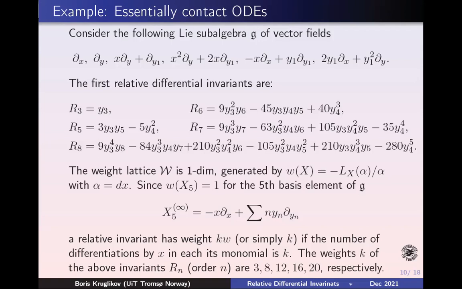Okay, so that's a monomial, right? It can be a product of several different derivatives, so then the sum of those differentiations. So the weight k, or just omit the kw because it's a one-dimensional lattice, I just write k. The weight k of the invariants, which are easier, is the following: for R3 it's 3, for R4 it's 8, for R6 it's 12, for R7 16, then 20. So you see 8, 12, 16, 20 is a geometric progression.